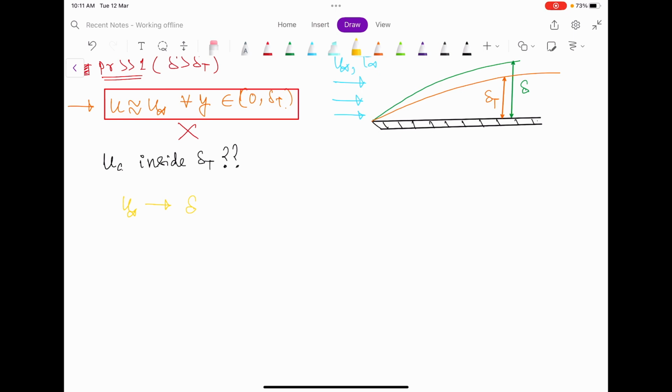Then what will be the velocity scale for the thermal boundary layer? Here we assume a linear variation. So uc by u infinity is equal to delta t by delta. So here we get uc as delta t by delta into u infinity.